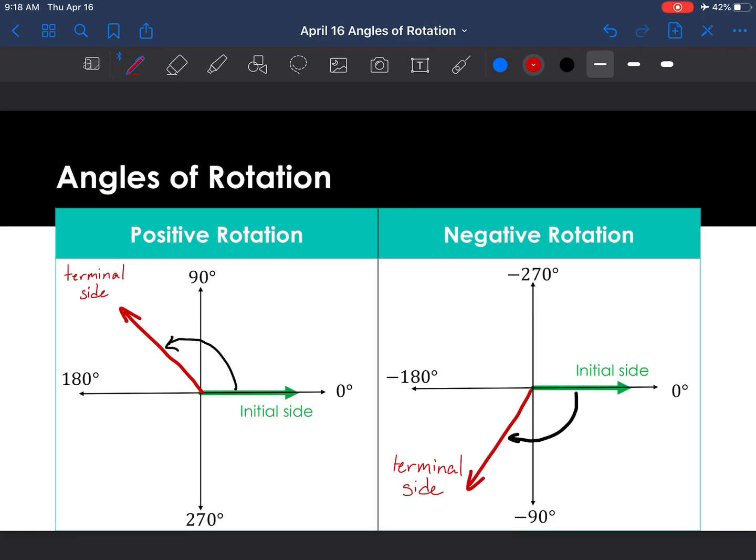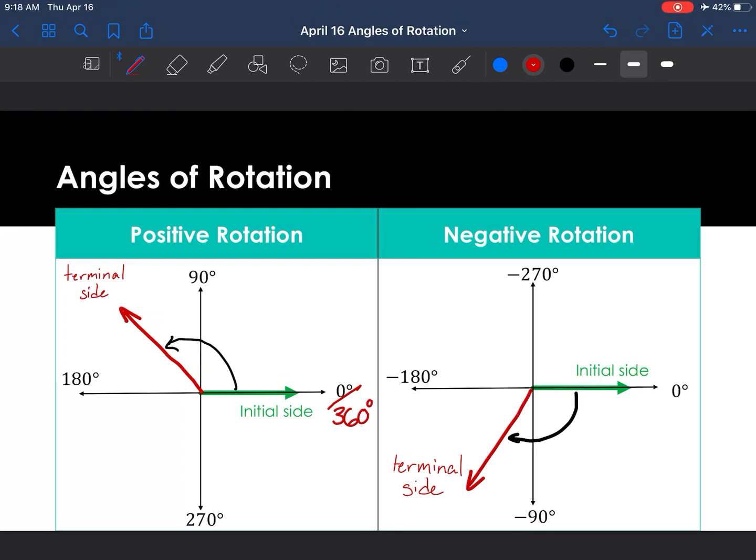Notice that where you start is going to be 0 degrees, no matter if it's positive or negative. A half turn is always going to be 180 degrees. A full rotation is going to be 360. So if I start on 0 and make one full rotation, I would end up right where I started.